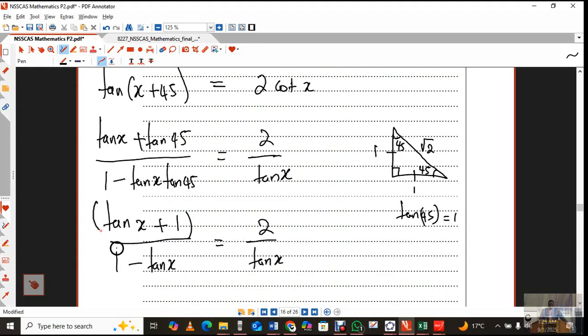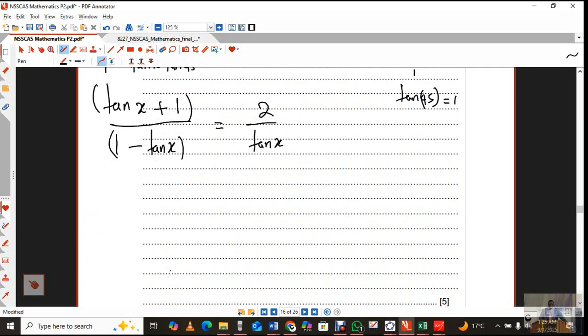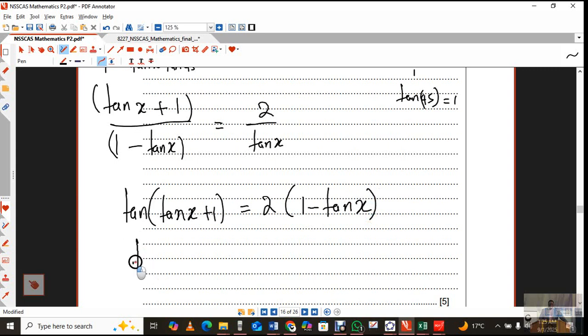Go ahead and put this stuff in brackets because we are going to cross multiply. Then obviously if I do that, here I'll have tan x plus 1 is equal to 2, oopsie daisy, this is 2 times (1 minus tan x). Multiplying out, tan x times tan x is tan squared x plus tan x, if you follow.